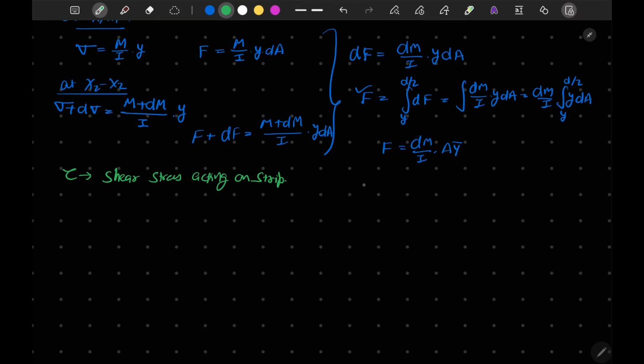So I can write F is equal to tau into area, and now area will become B, that is width, into dx. Tau is your shear stress acting along length dx.